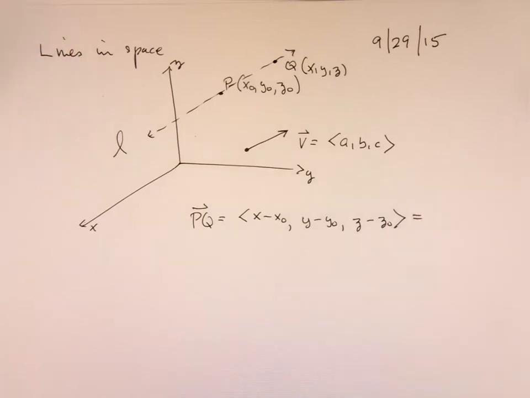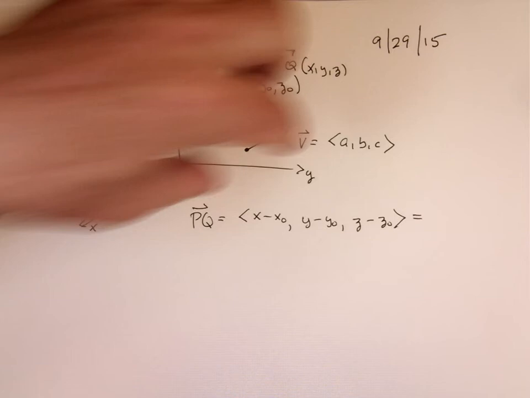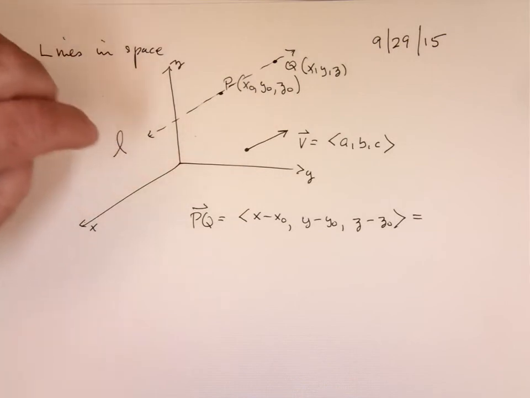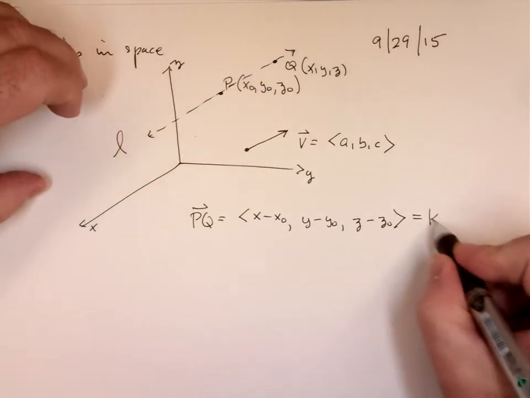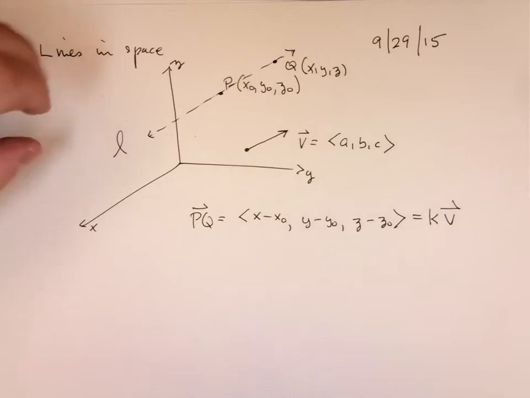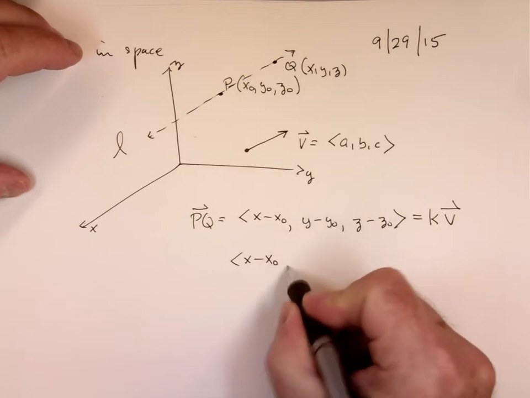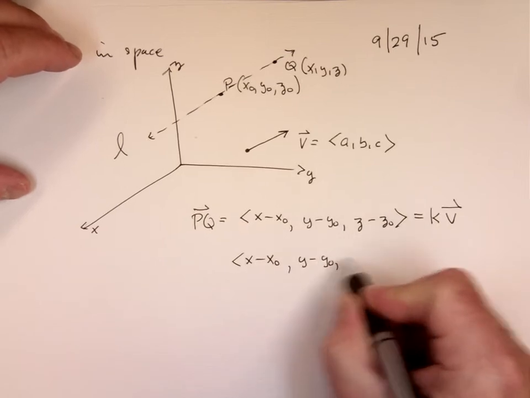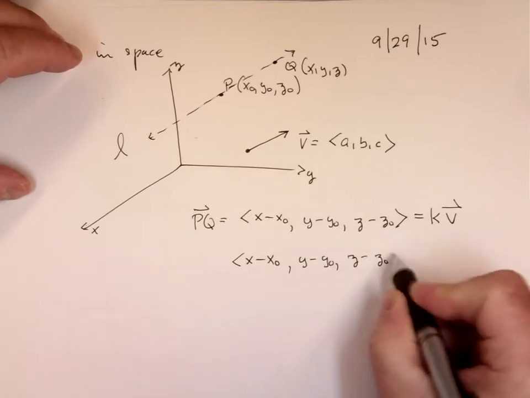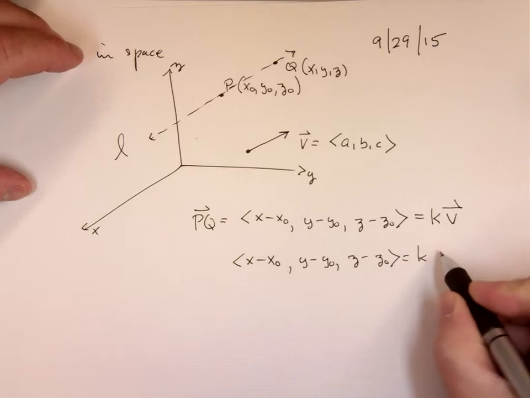If those two vectors are going to be parallel, vector PQ must be a constant multiple of v. That's how you know two vectors are parallel: one's a constant multiple of the other. Therefore, x minus x sub naught, y minus y sub naught, z minus z sub naught is equal to k times our direction vector ABC.